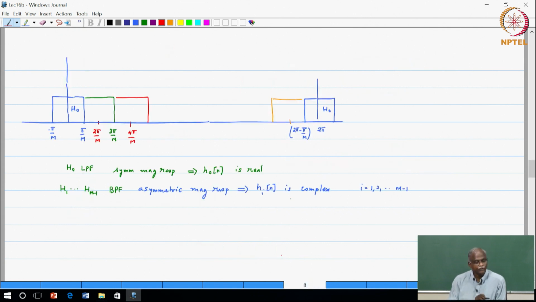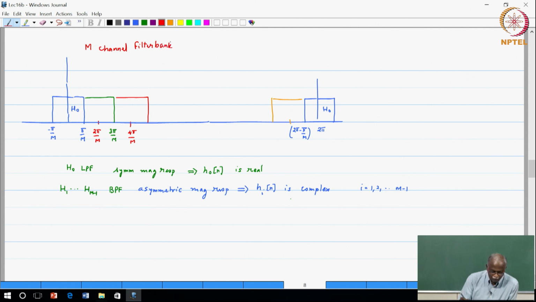So therefore the uniform filter bank that we are talking about has the following structure. If it is an M channel filter bank, that means the range from 0 to 2 pi will be divided into M filters of equal bandwidth, and they are obtained by the shifts using the complex exponential. M channel filter bank.